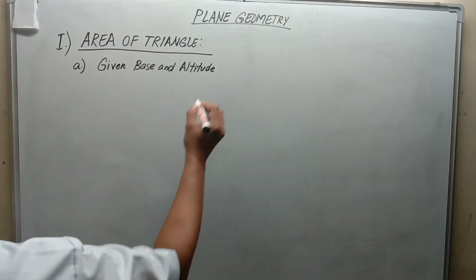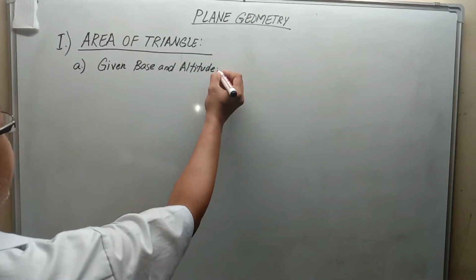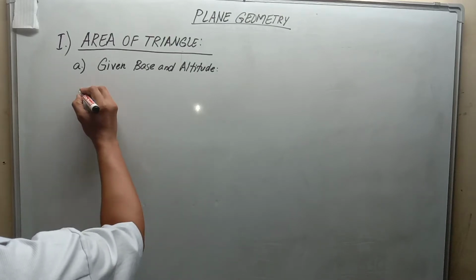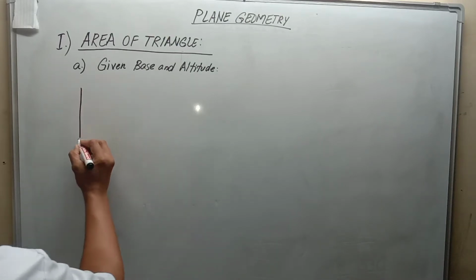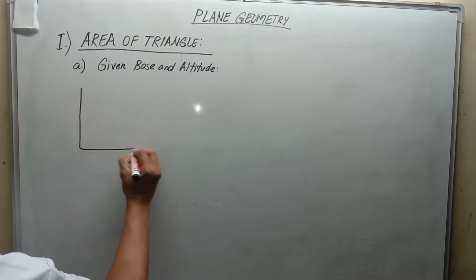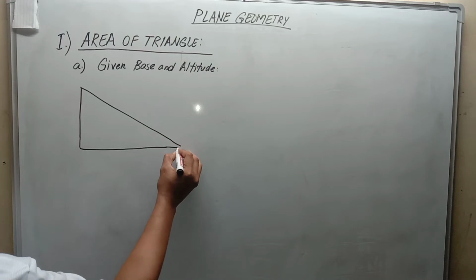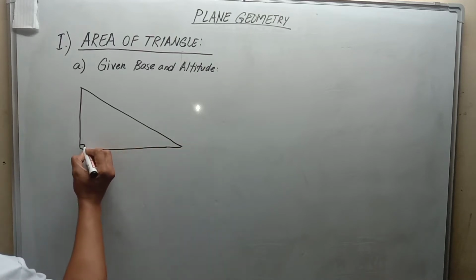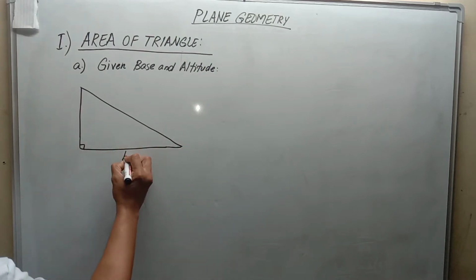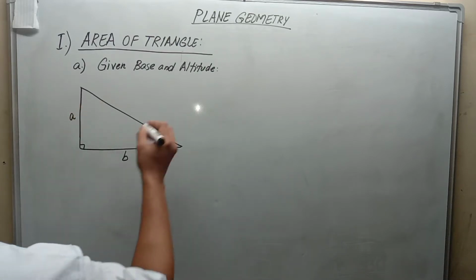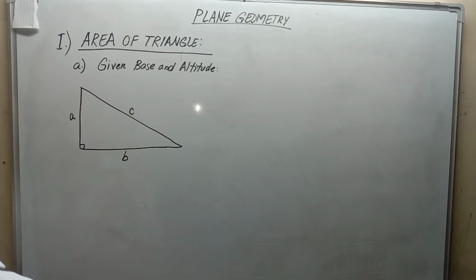Okay. So based on this condition, let me write, guys, a triangle. Okay, right triangle. Now if this is the base and this is the altitude, and this is the hypotenuse.